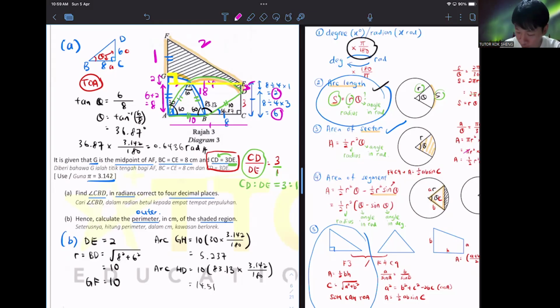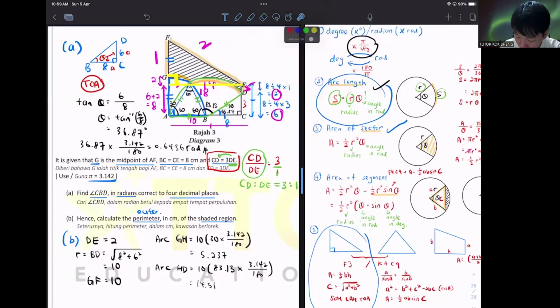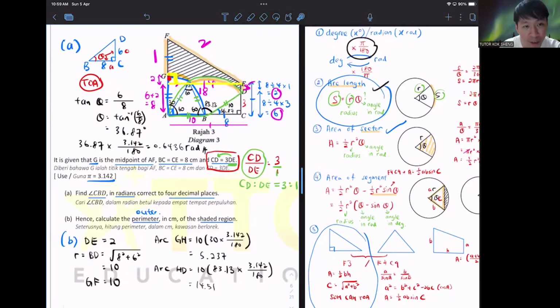And also, just now GF is 10 cm, right? So from F all the way to the yellow line is 10 plus 2, which is 12.